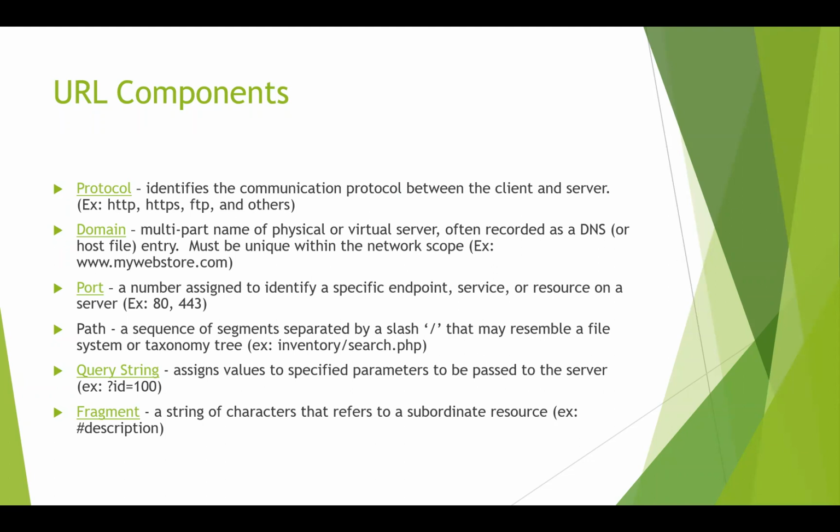Now, the idea is that this can be used in conjunction with DNS to be able to route you to the specific resource you are looking for. But that multi-part name can be a 2, 3, and even a 4-part domain name that can then be used to identify the specific resource. And more importantly, again, it must be unique within the network scope. In other words, if you're on the internet, well, it needs to be globally unique.